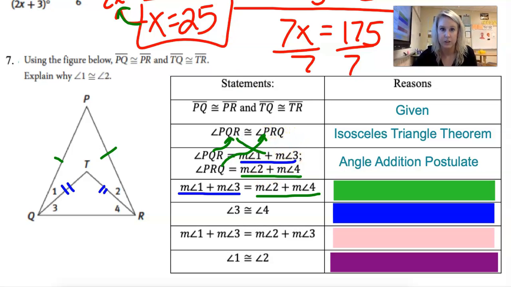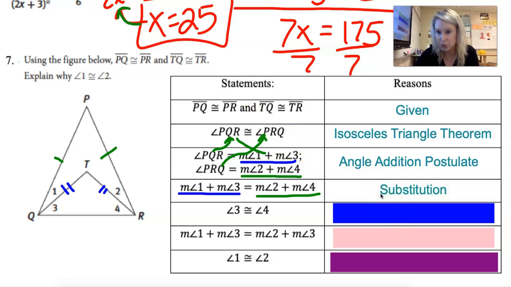So based off that, that is a substitution property. If I know they're equal to each other, I know what they add up to is also equal. So measure of angle 1 plus measure of angle 3 is then equal to measure of angle 2 plus measure of angle 4.